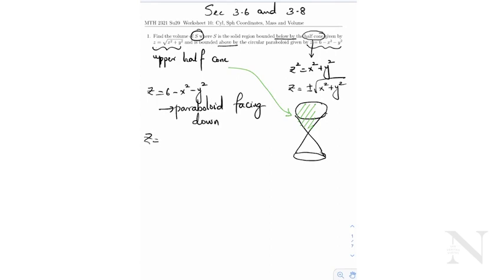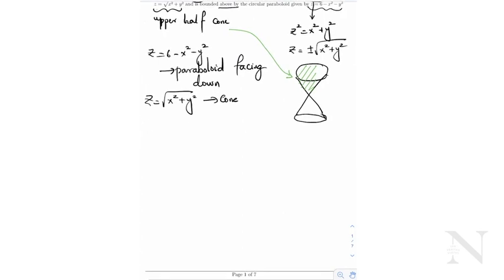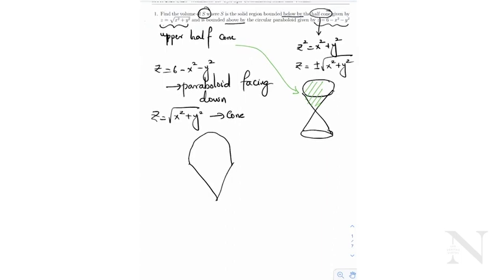And z equal to square root of x square plus y square is the cone that we have there, okay. So it makes sense that you can form a solid which is bounded above by the paraboloid and bounded below by the cone, okay.